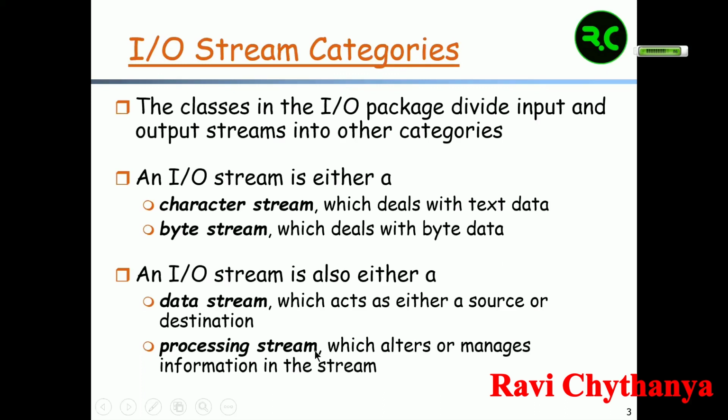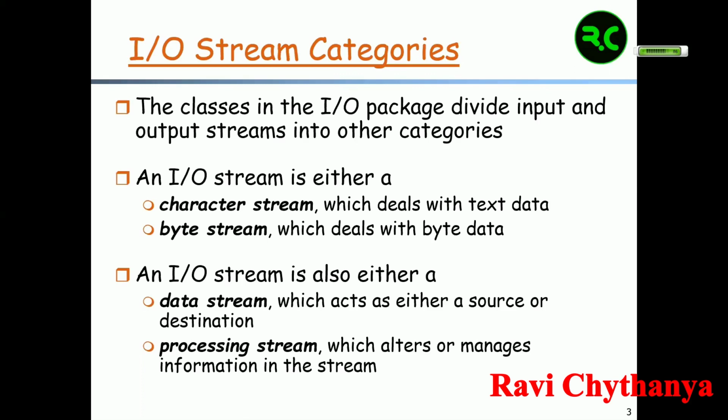The IO stream is either a data stream or a processing stream. The data stream has the source or destination directly, meaning I can have a file that may be the source or destination, which comes under the data stream.